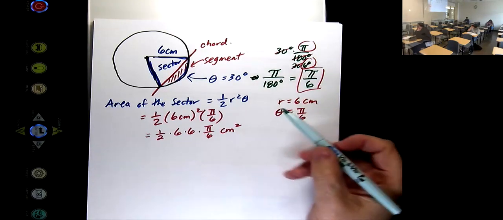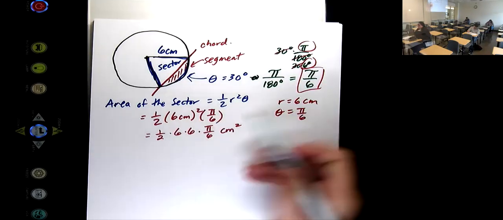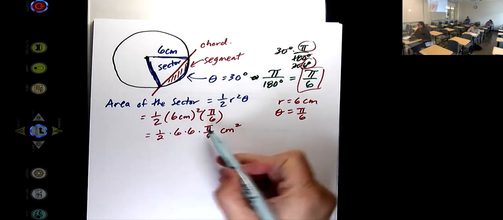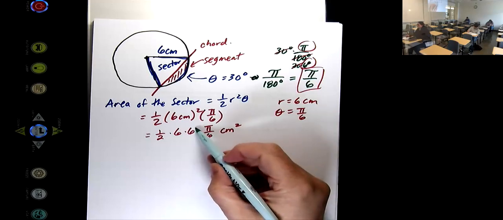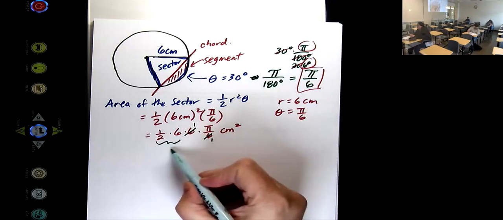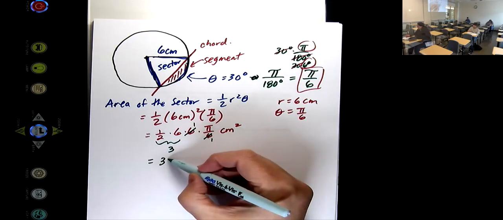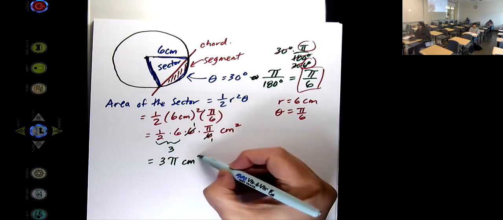The reason why I'm showing you like this, you could throw it into a calculator, but there's a lot of steps right here. If I just take a little time and cancel stuff out, 1/6 cancels out there. 1/2 times 6 is 3. This just ends up being 3 times pi centimeters squared.